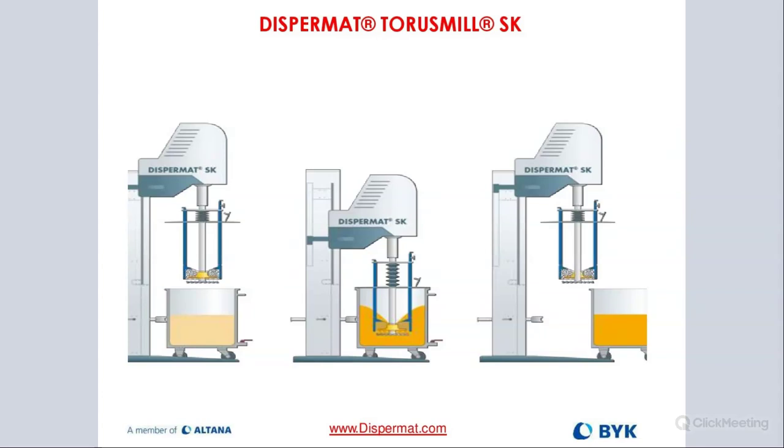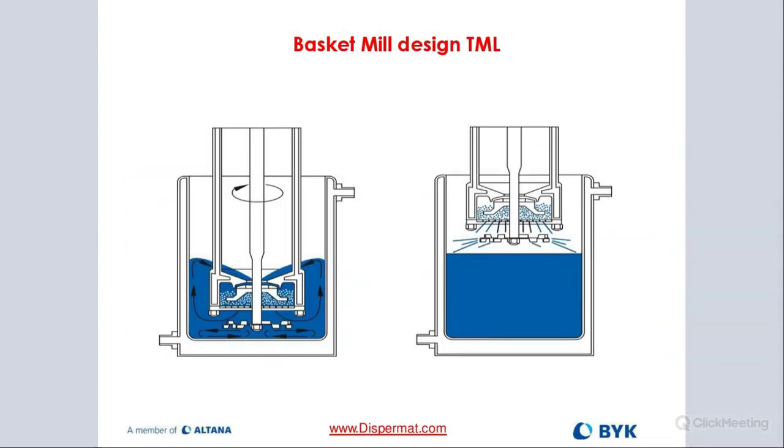So the basket mill is really designed to give you optimum flow in and out of the basket. So for that purpose, we actually installed a screen on the bottom of our basket, not on the side.